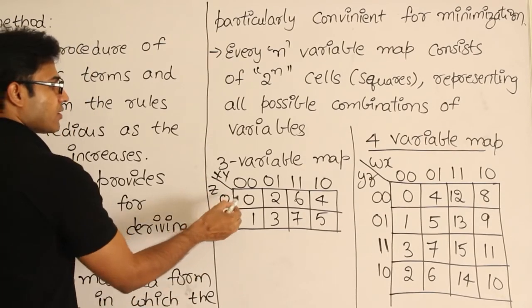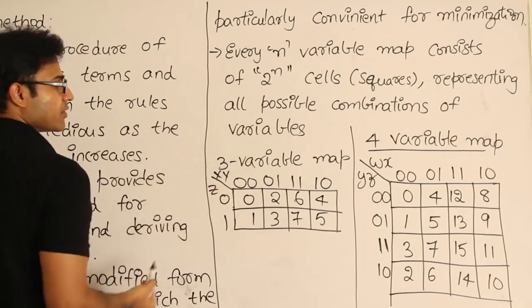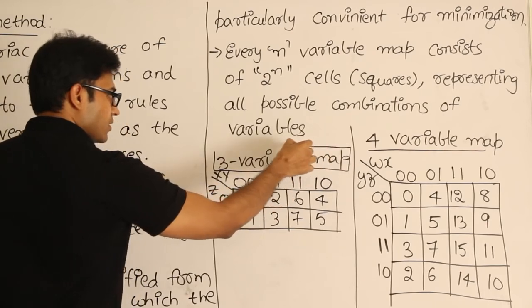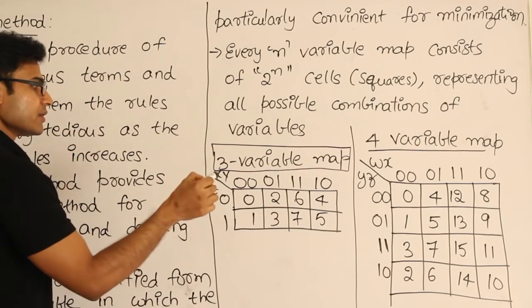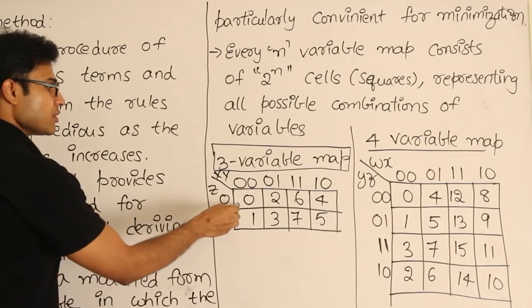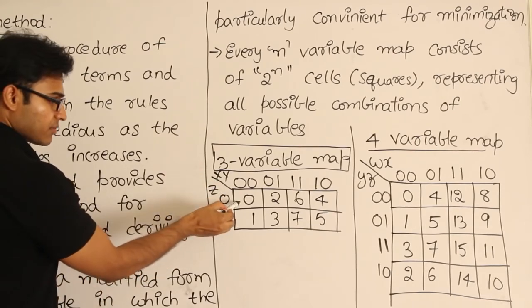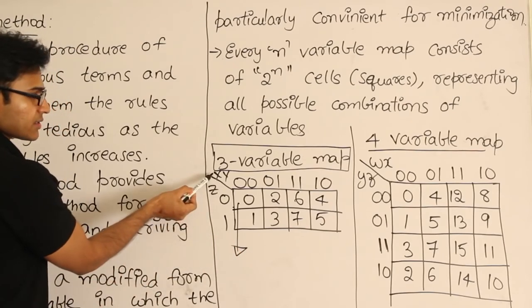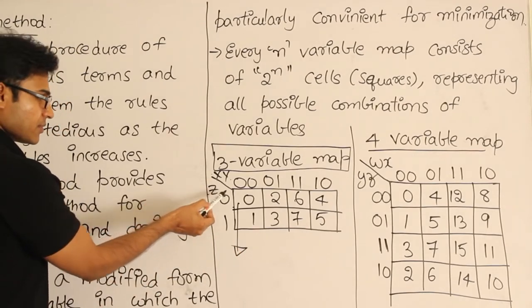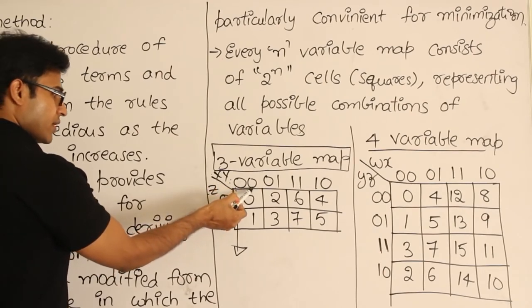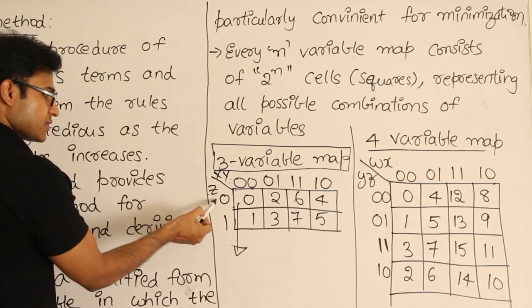Whenever you form a table, let us say this is a 3 variable map, which means this is used to simplify any function containing only 3 variables like x, y and z, and each cell is going to represent one particular value. For example, this cell is representing one min term. What is the min term? It is x, y, z, which means this column corresponds to the x and y values, and the row corresponds to z.